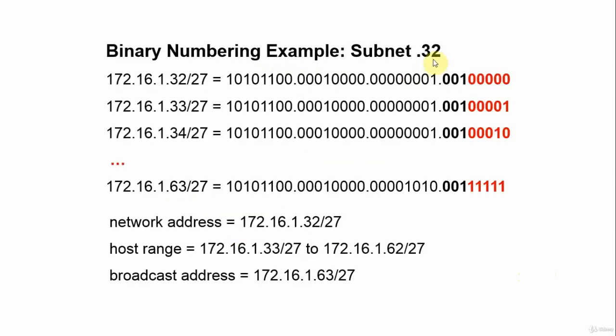And so as an example of the 32 subnet, I'd start out with 172.16.1, and there's the 32. And then if I add 33, that's the first host IP address. I just make that bit 1, and then the next one would look like that. That would be 2. So I'm adding 32 and 2 is 34, right up to the broadcast address. And that's just an example of how the range works.